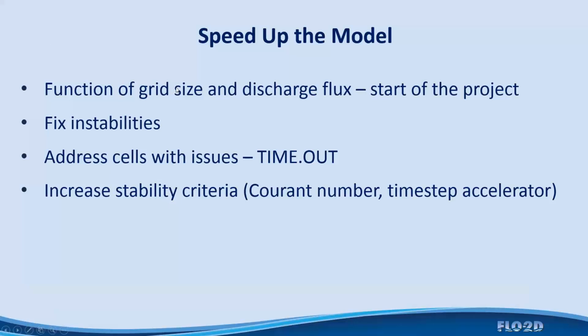So if you're down to 1 meter grid elements, I can tell you right now that that's going to be too small, and your model's going to run really slowly. So when you get started, evaluate this condition.